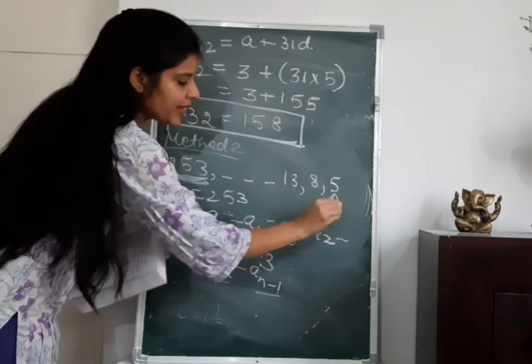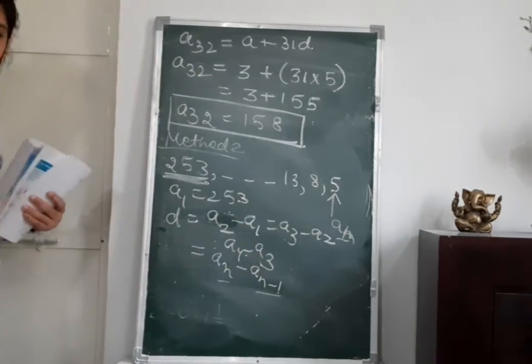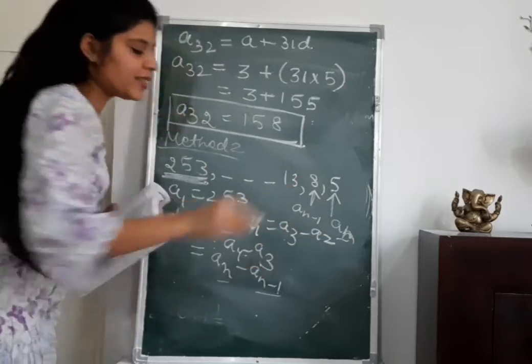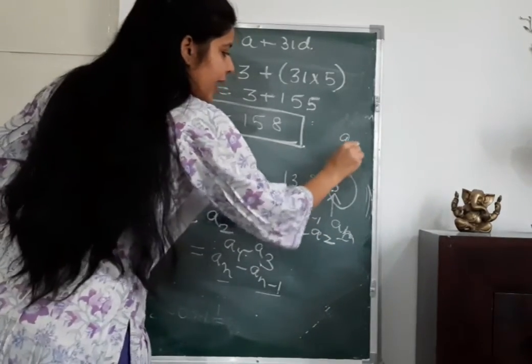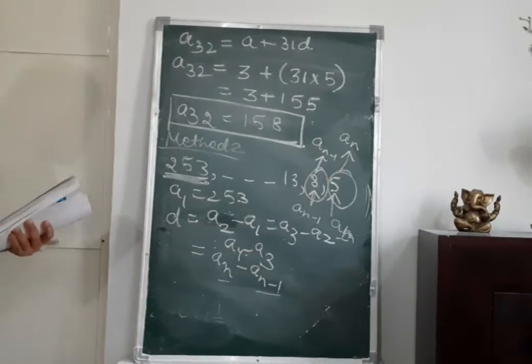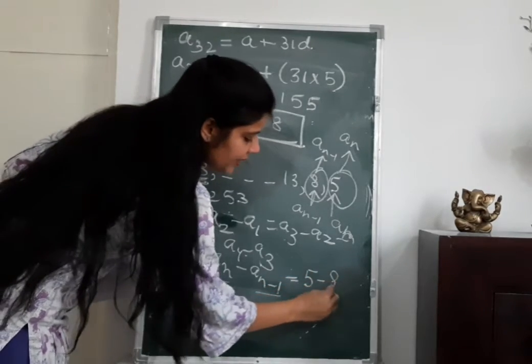So if I consider this as the last term, that is, the nth term of this series, then this will be the (n minus 1)th term of this series, right? If this is AN, then this is going to be what? A(N minus 1). So the common difference for this will become 5 minus 8.